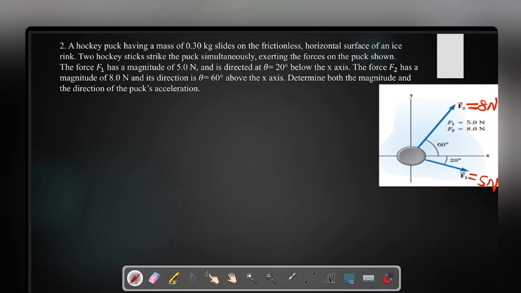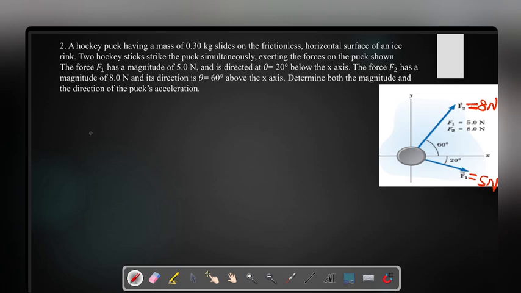The question says determine both the magnitude and also the direction of the puck's acceleration.